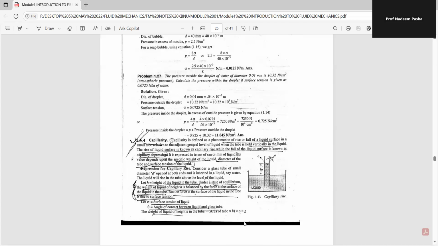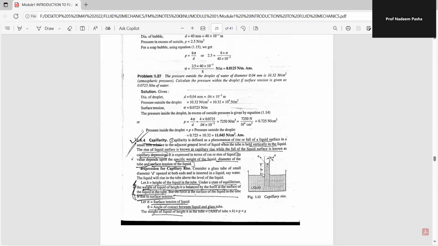The tube is open at both ends so that the fluid can flow in it. In the liquid, the liquid will rise in the tube above the level of the liquid. We are assuming h is equal to the height of the liquid in the tube.